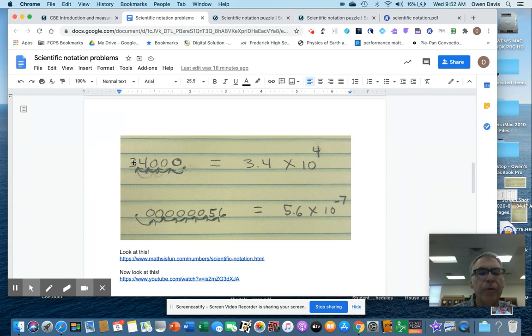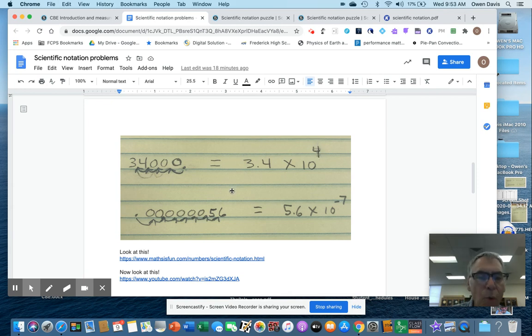So for 34,000 the decimal point is going to go right there between the 3 and the 4. Then you're going to move it 1 to the left, 2 to the left, 3 to the left, 4 to the left, and then you're going to write 3.4 times 10 to the 4th.